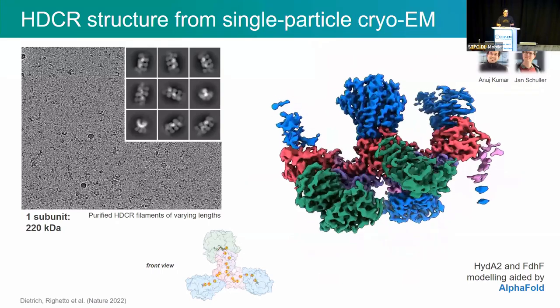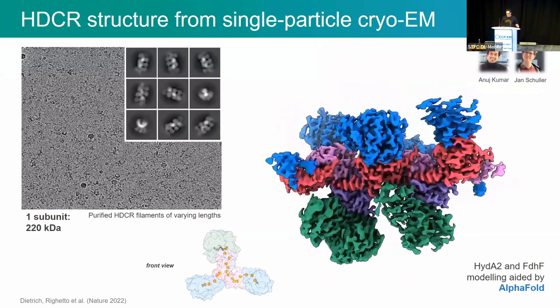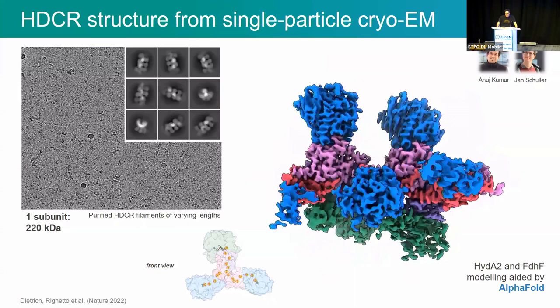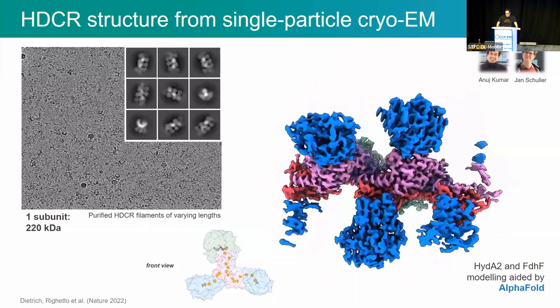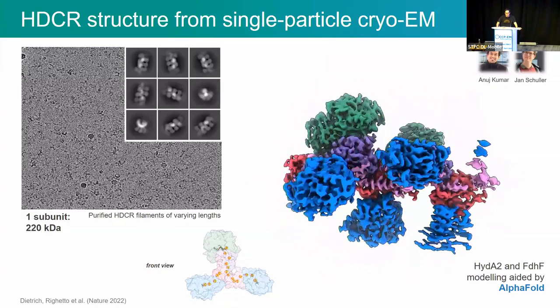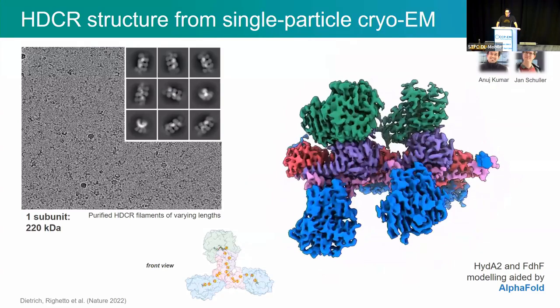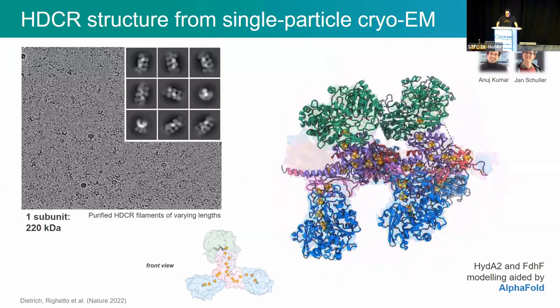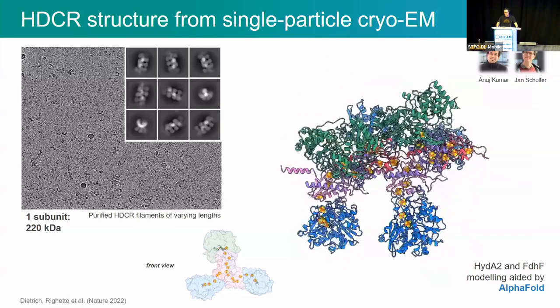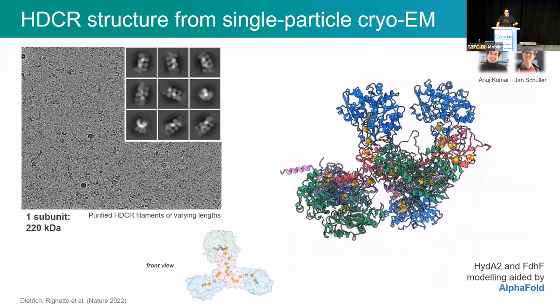So it turns out that HDCR is a filament. And this filament is a heterohexamer. So there are 2 hydrogenases, the blue domains shown here, and one formate dehydrogenase, the carbon fixing module, which is shown in green. And there are 3 different ferredoxins that form the backbone of this filament.